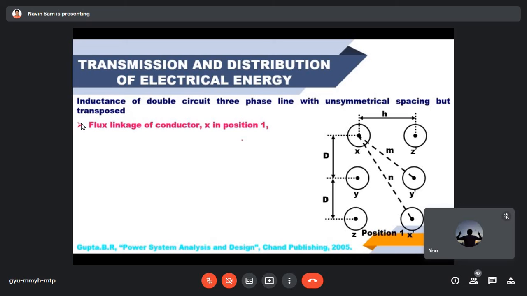Refer to the previous derivation and tell me the flux linkage of conductor X in position number 1.